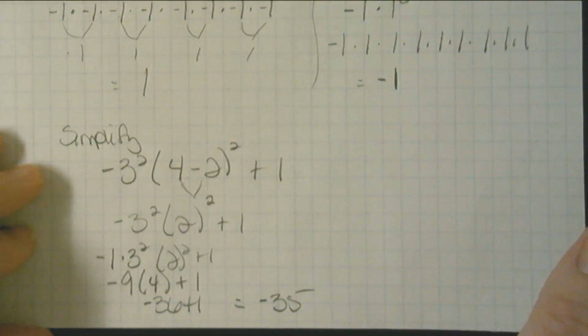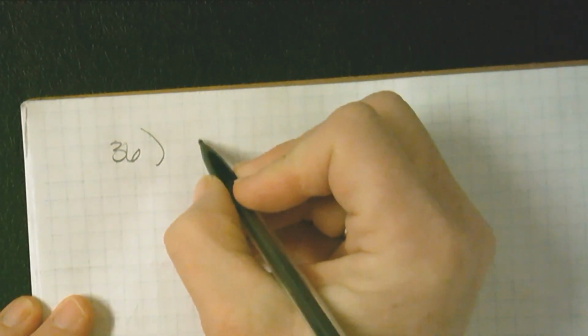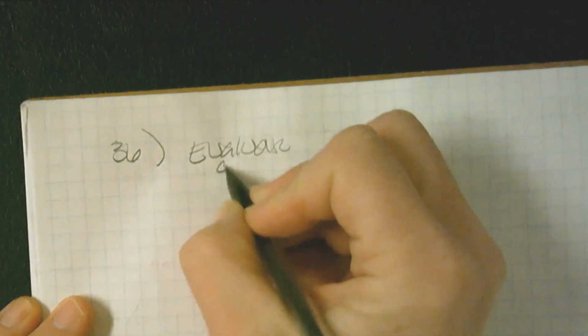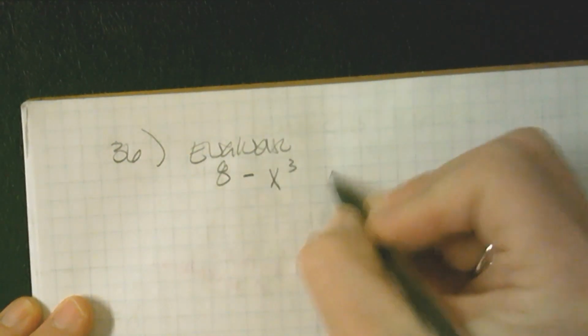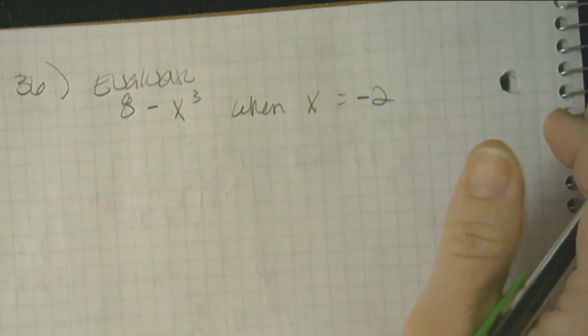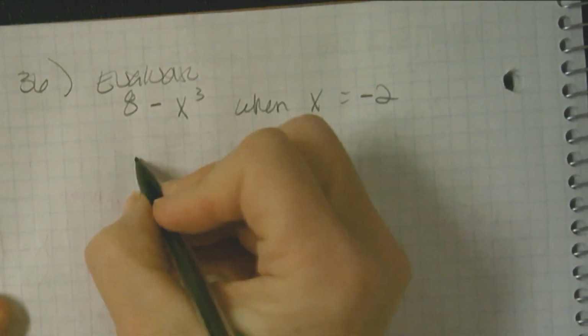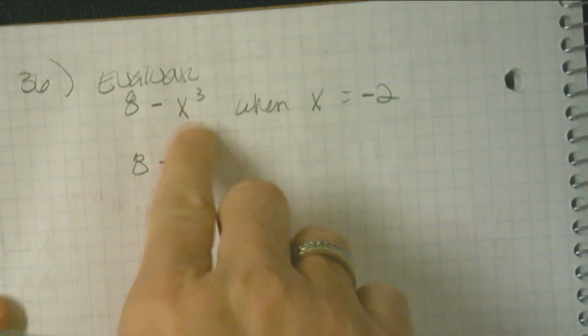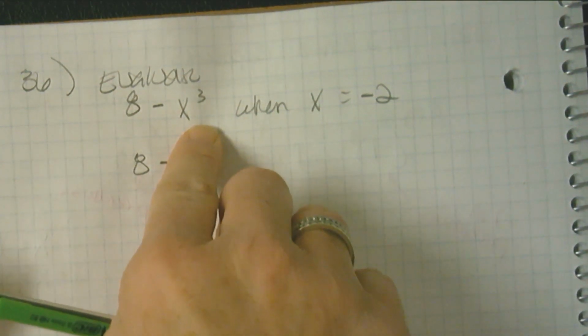So if I give you something like number 36, and I say evaluate 8 minus x to the third when x equals negative 2. For me to do this problem properly, you cannot do adding the opposite right now because I have an exponent. We're going to leave that till the very end.